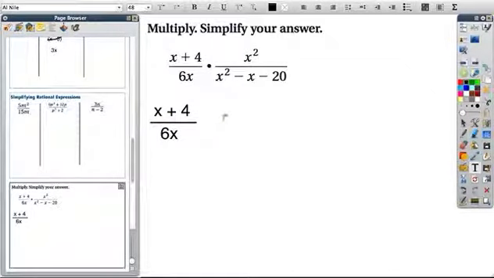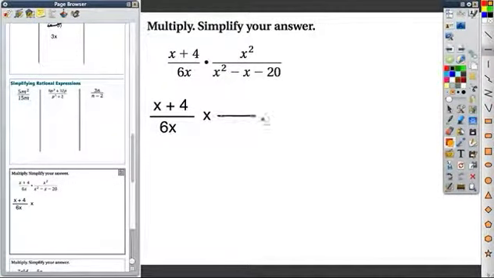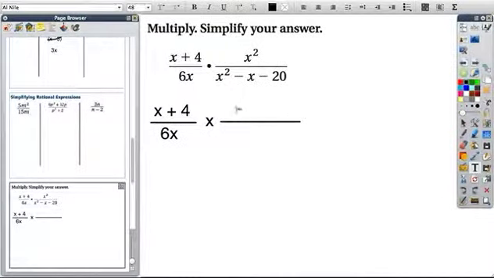It's a multiplication, because you have a dot, so you can use x for multiplication. And then on the top we have x times x, and then on the bottom we can factor this, using the box method, or you can use the shortcut that I showed you guys.